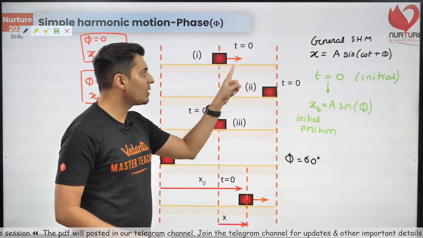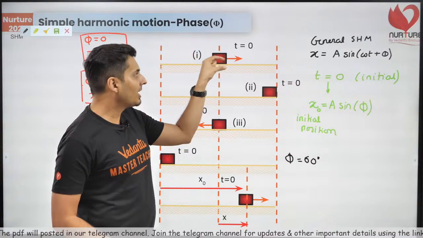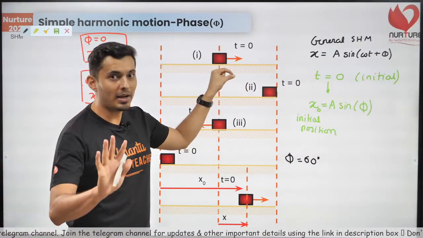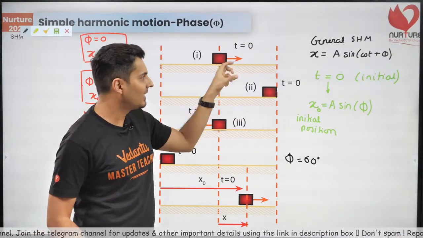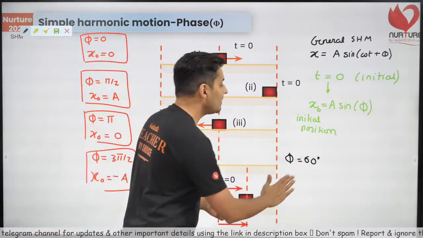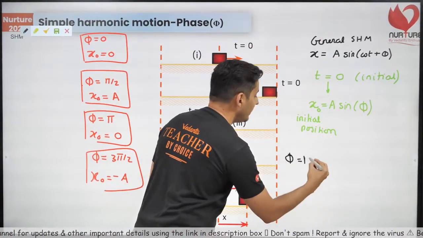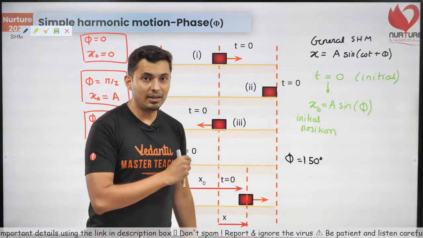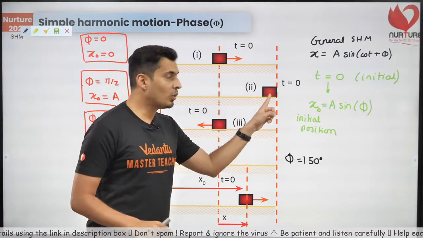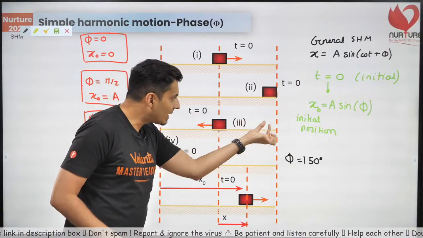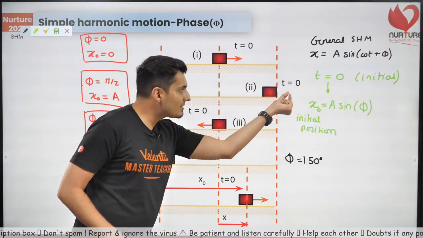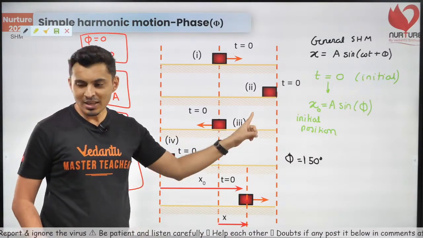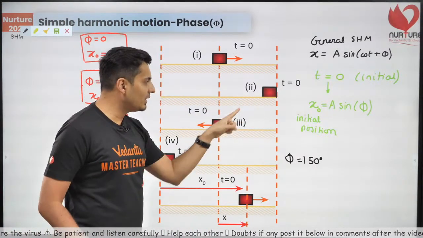60 degrees is between 0 and 90. So that means the particle is somewhere here and going that side. So when you just open your eyes, you see the particle going this side. That's what you're going to observe. If somebody tells you the value of phi is 150 degrees, 150 is in the second quadrant, it's less than 180 but more than 90. So that means the particle has reached the extreme and is somewhere in between, going towards this side, between parts 2 and 3.